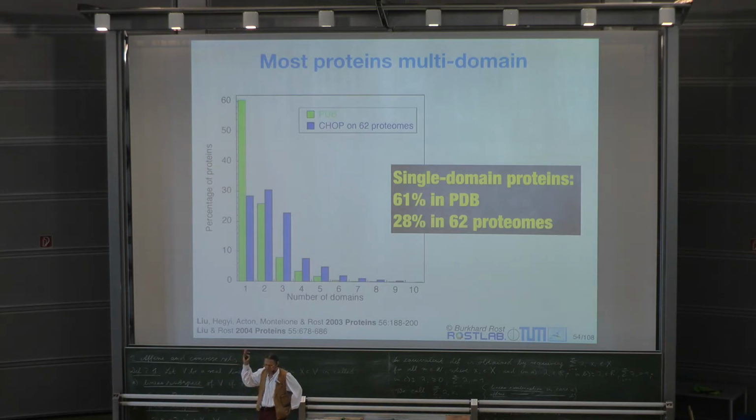Now the question has been, how can I come to the blue here? That would explain the green ones, right? But how can I take a human protein and guess the domains? Can I do that by taking blueprints from the proteins of known structure? That's exactly the way we did it. We take a protein and ask, in this protein, do we find anything that is already known structure? I cut this out.